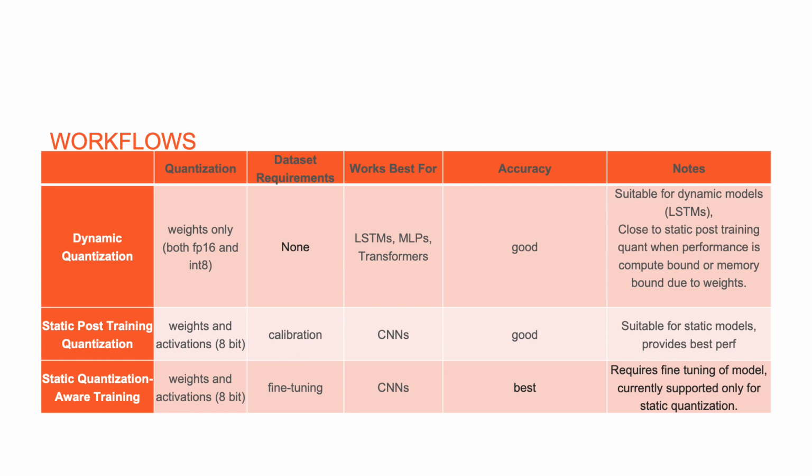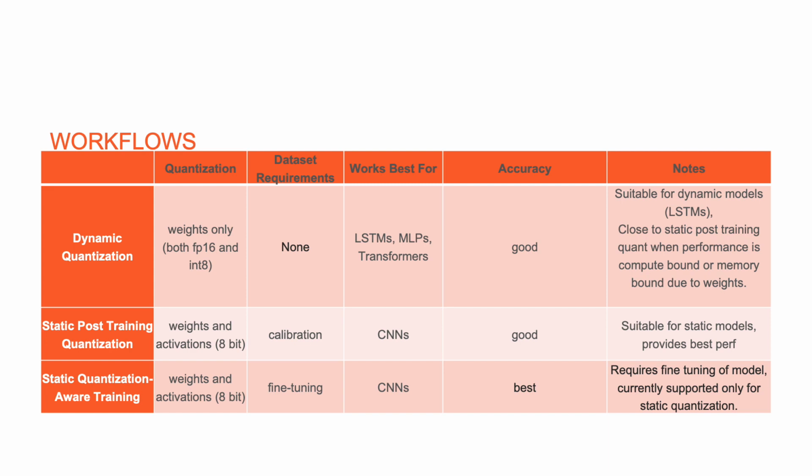So what we encourage you to do in those cases is quantization-aware training, and this requires a little bit of fine-tuning of the model, so it's a little more complicated and labor-intensive, but it can often recover great accuracy for these mobile-style, relatively fewer-parameter CNN-type models.